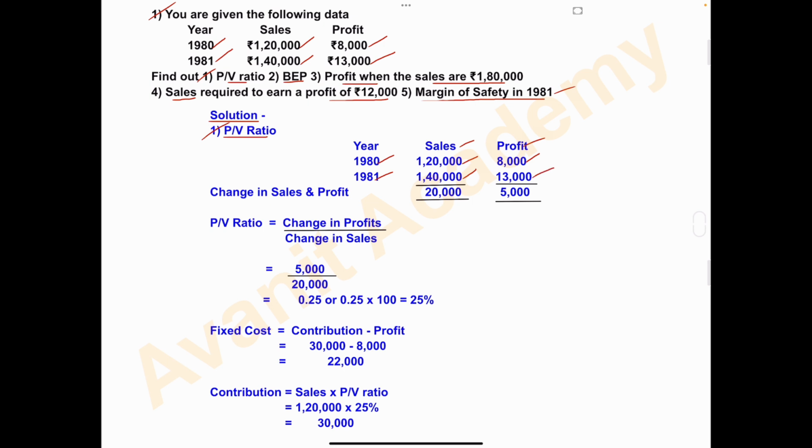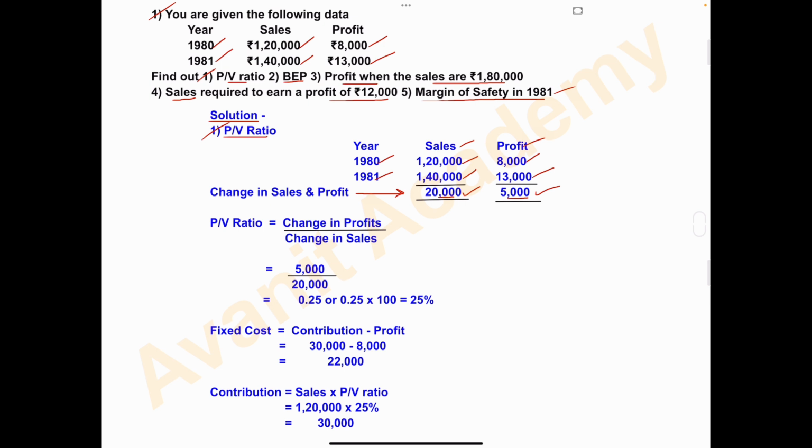So the difference in sales is 20,000, and for profit, 13,000 minus 8,000, the difference is 5,000. This is called change in sales and profit. Change in sales is rupees 20,000 and change in profit is 5,000.